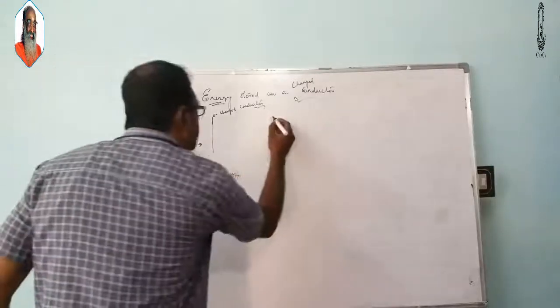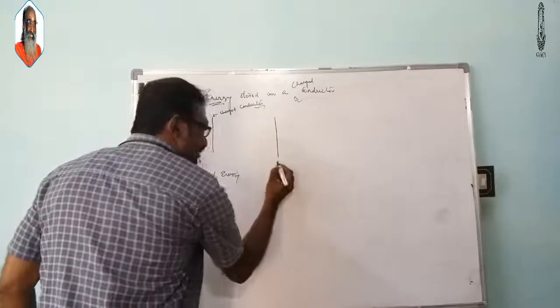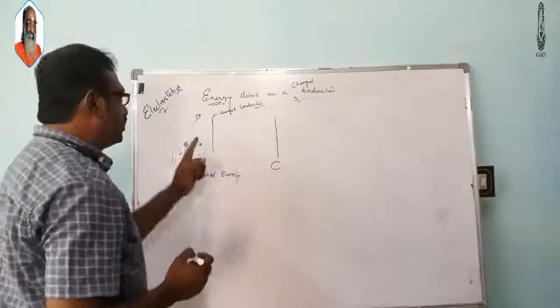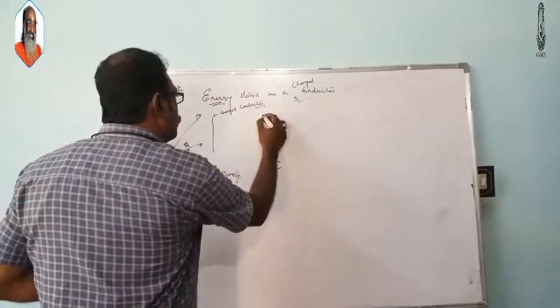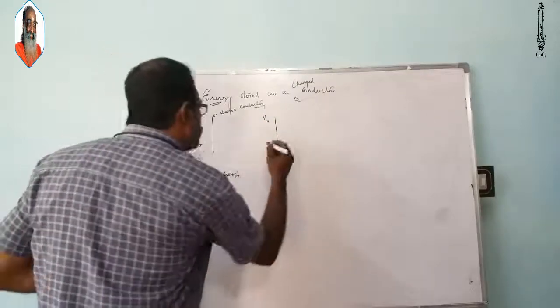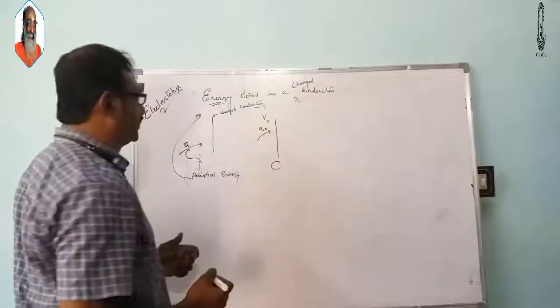Now let us think, a conductor is there. It will have a certain capacity, let the capacity be C. If we want to raise its potential to V naught, just assuming V naught, we have to give the charge Q naught to it.